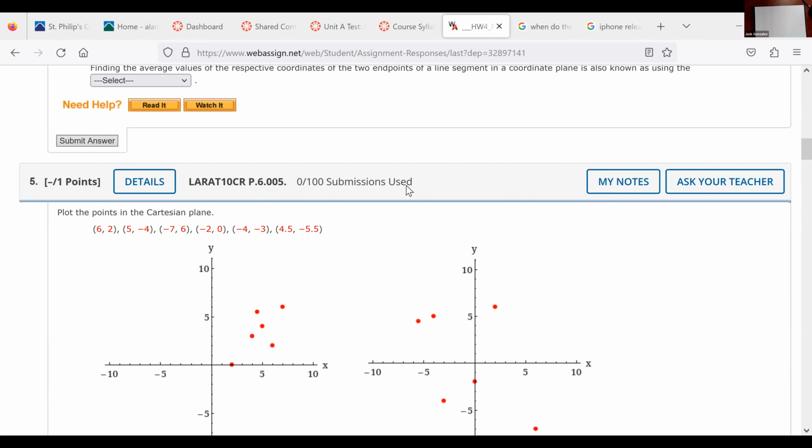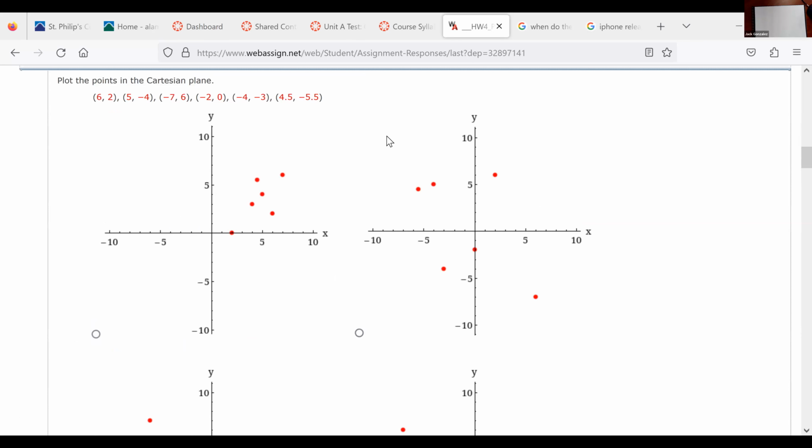Now, the only thing is, just remember this, it'll come up in pre-cal 2. This is quadrant 1, right? We use Roman numerals for the quadrants. But we go counterclockwise. You see that?